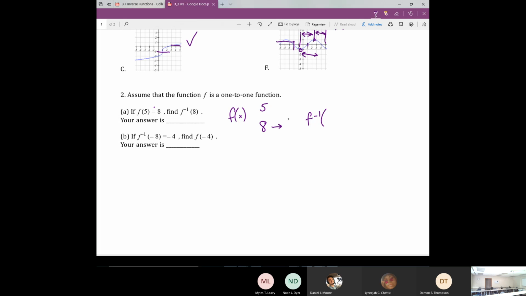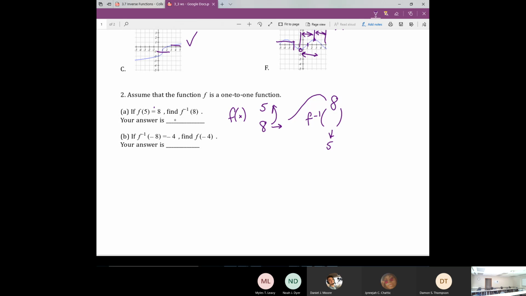So if I take 8 and feed it into f inverse, I know that this is going to give me out a 5. Because remember, f inverse will take me out exactly to what I had fed as input into f of x. So I know f of 5 gives me 8.